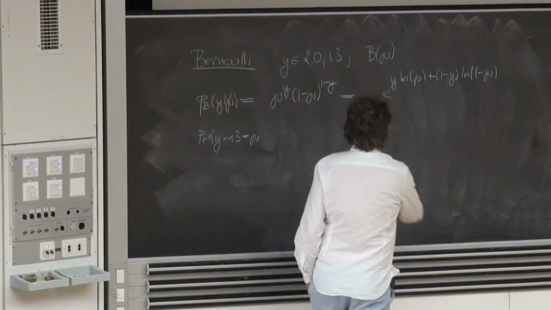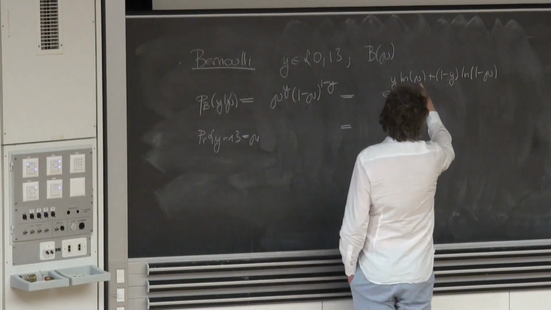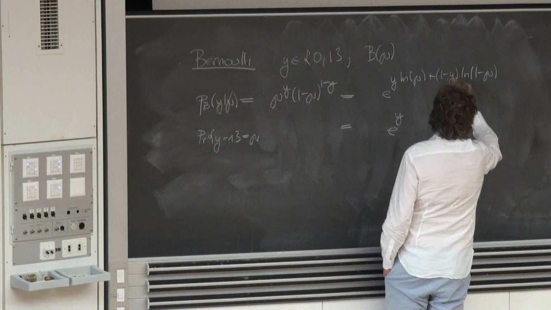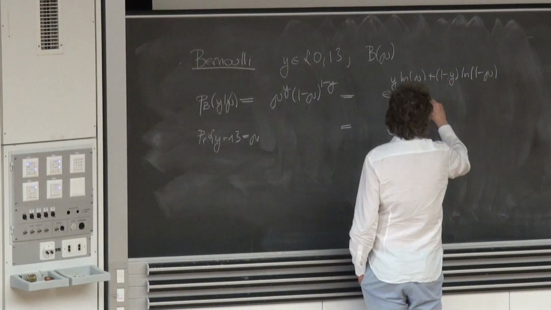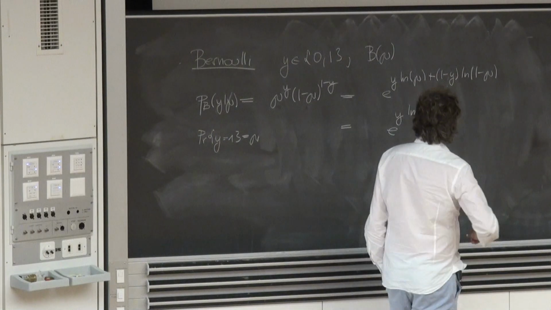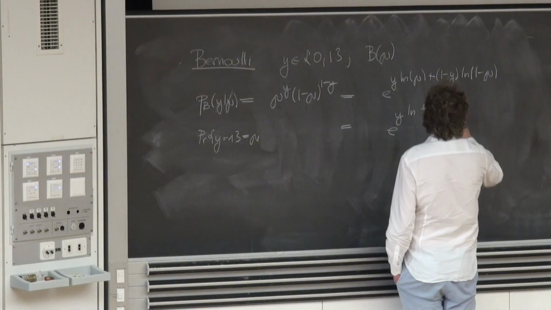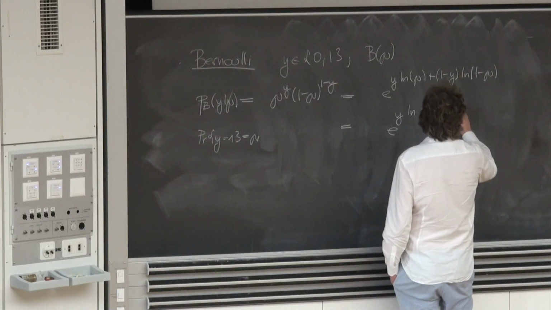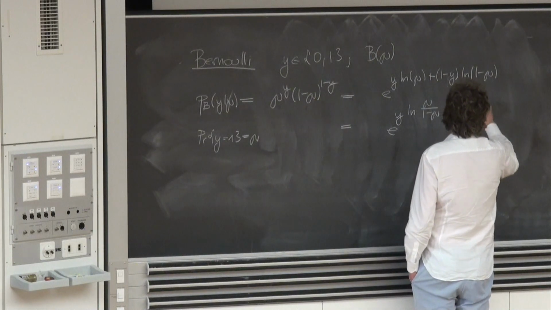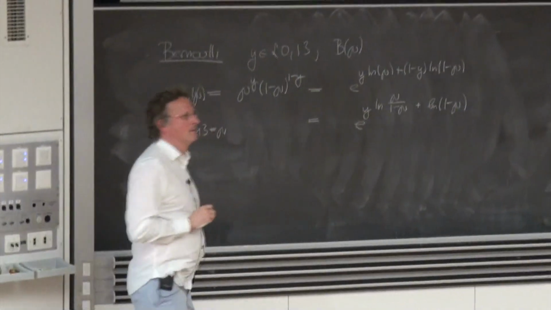And now I want to simplify this a little bit further. So I have e to the y, and I take this part here and the part with the minus y. So this will be the ln of mu over 1 minus mu. And then I still have left, plus, what do I have left here? Plus the ln of 1 minus mu, right?